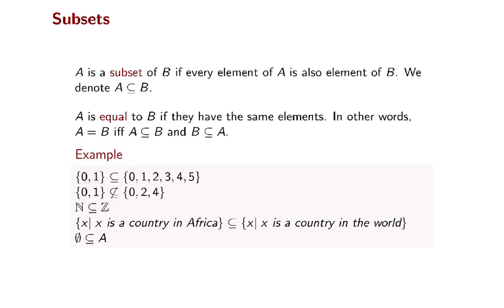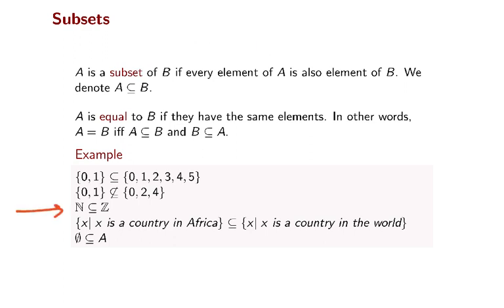Observe that any mathematical symbol can be denied by just crossing it. If this symbol means contain, means subset, A is a subset of B, this symbol means is not a subset. Same thing happens with the symbol equal, is not equal. Belongs, does not belong.